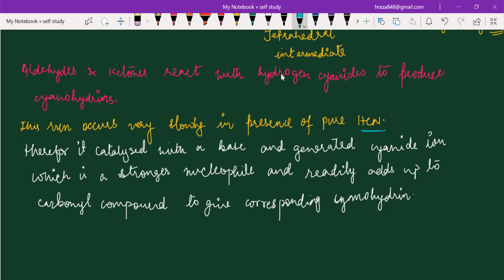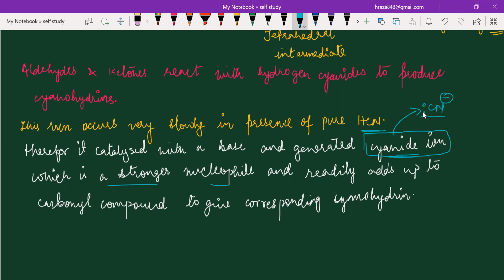Sir, Samad, can you just explain what is cyanide ion? Due to the cyanide ion, which is a stronger nucleophile. Are you talking about this? No, only what was cyanide, what was the meaning? Are you talking about this cyanide ion? Yes. This cyanide ion is basically this.